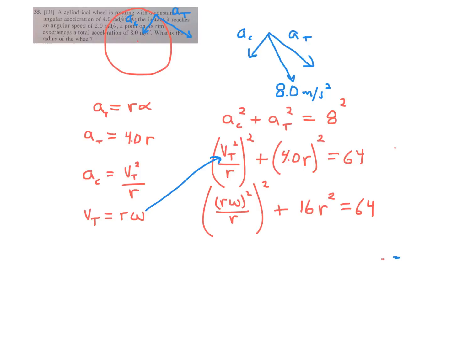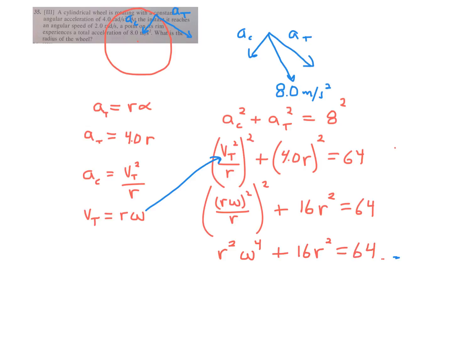When all is said and done, this term is going to have r squared times omega to the 4th. That's fun. How often do you get to do an omega to the 4th? That's pretty awesome. Plus 16r squared equals 64.